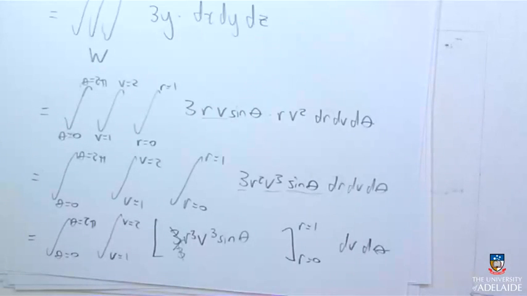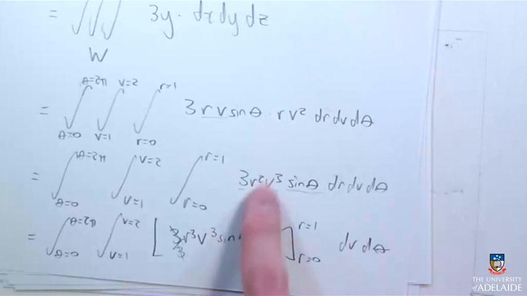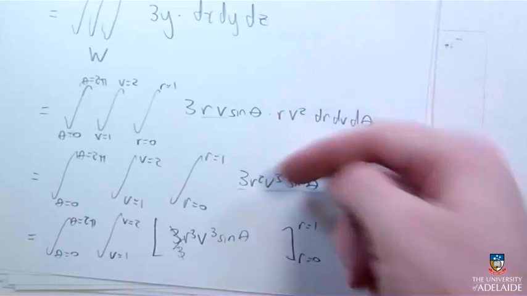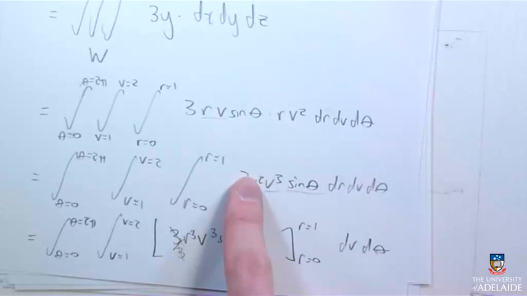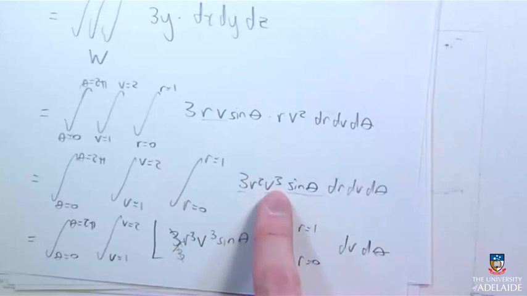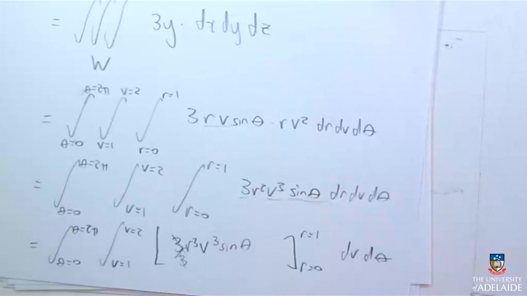Because everything is multiplied together in separate pieces, I can actually do 3 separate integrals and just multiply them all together, and that would have given me the answer as well. I don't know if that's a thing in multivariable calculus that you've talked about, the ability to do that. Because everything's multiplied and I don't have v's inside r's and that sort of thing, I can just do the integral of the 3r squared and the integral of the v cubed and the integral of the sine theta and multiply them all together.